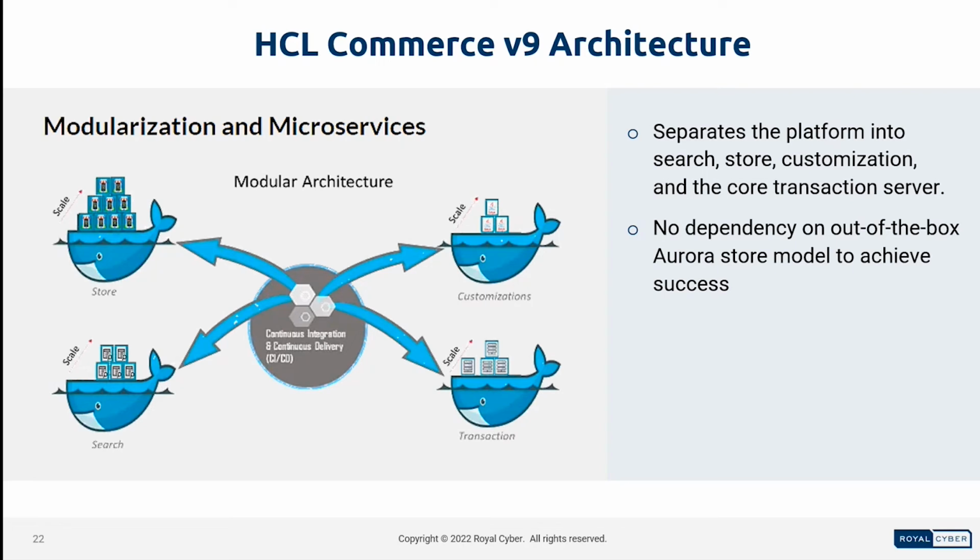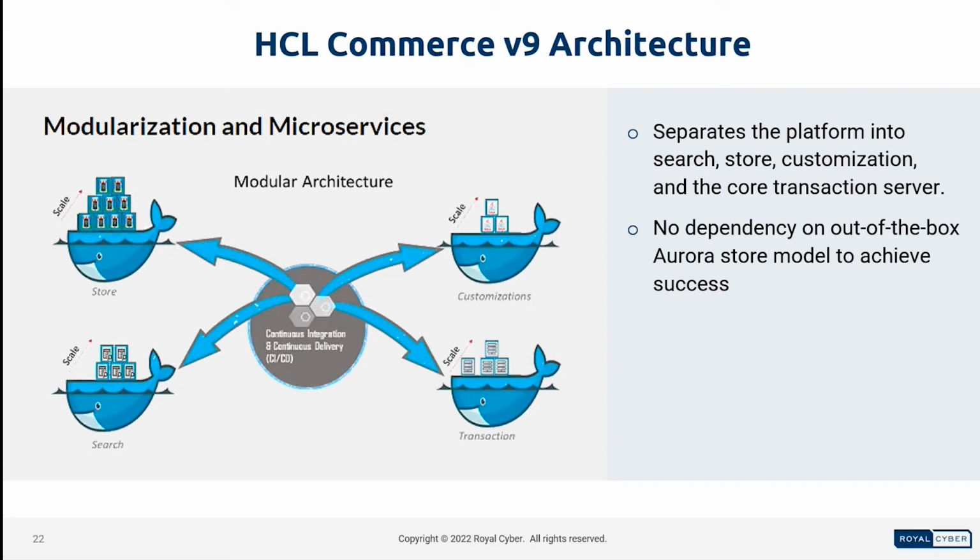Transaction server is like a container service that runs transactional business logic in APIs that serve other commerce servers. And store server is also a container server that runs the storefront for all the stores and holds all the storefront assets.